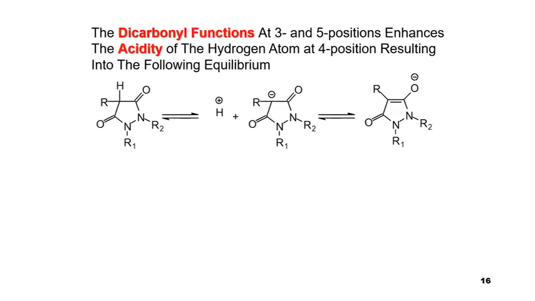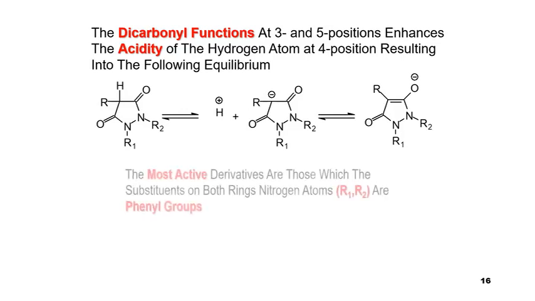As I explained now, the removal of this proton will form a stable anion that is stabilized by resonance, where the negative charge will be oscillating between the two oxygens surrounding the negative charge on the pyrazolidine structure.